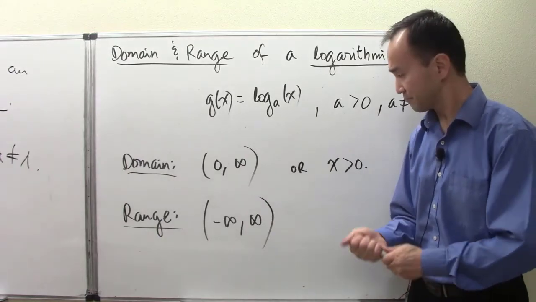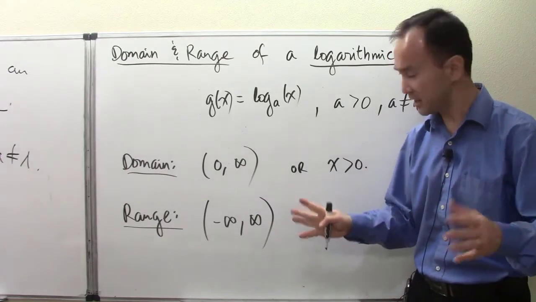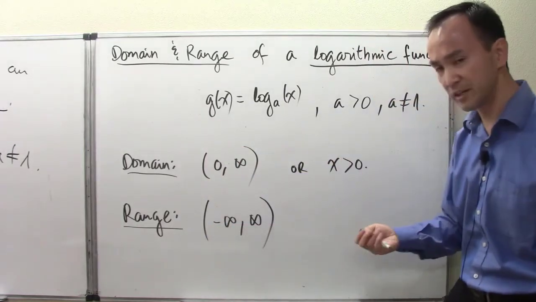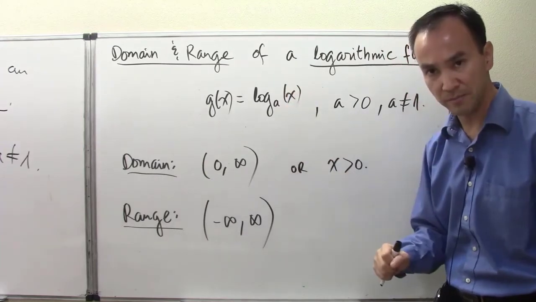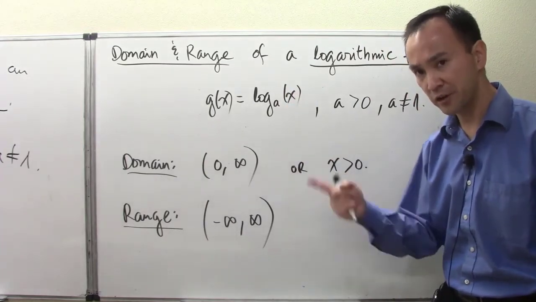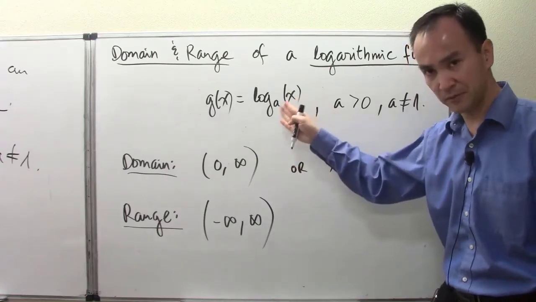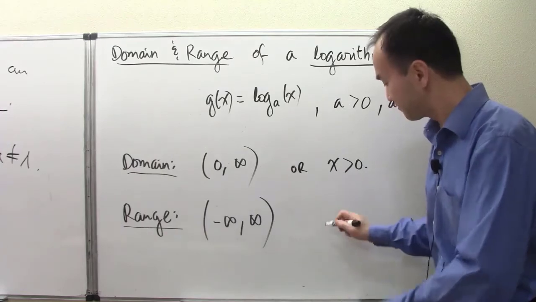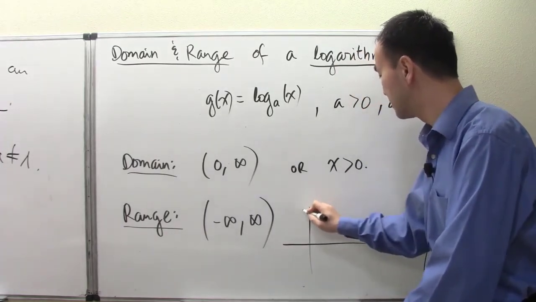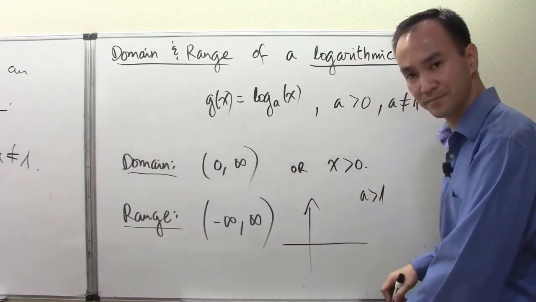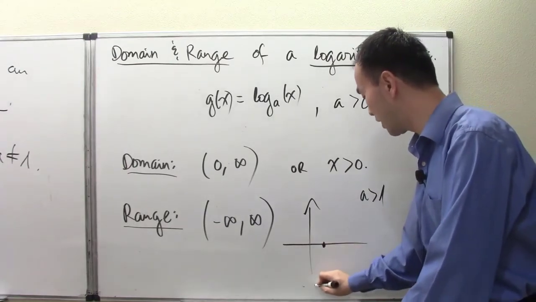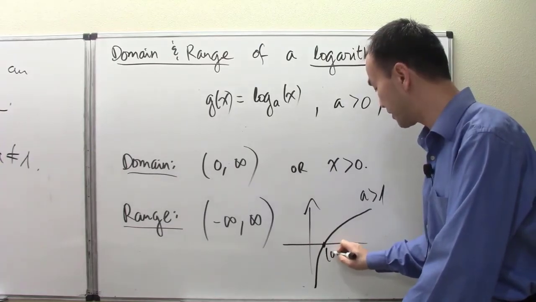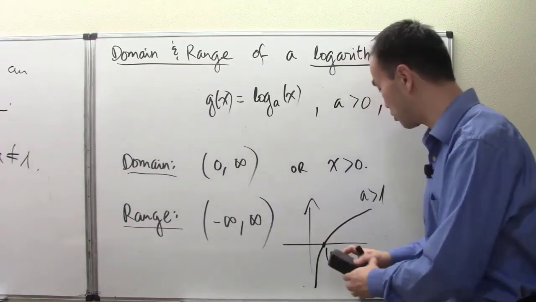And so, graphically speaking, this is perfectly consistent with our understanding of the graphs of these basic logarithmic functions. I brought in the graphs for these simple logarithmic functions earlier. When a is greater than 1, the graph goes one way, rising from the left to the right and intercepting the x-axis at the point (1, 0).